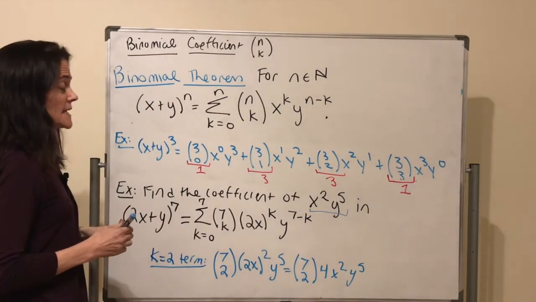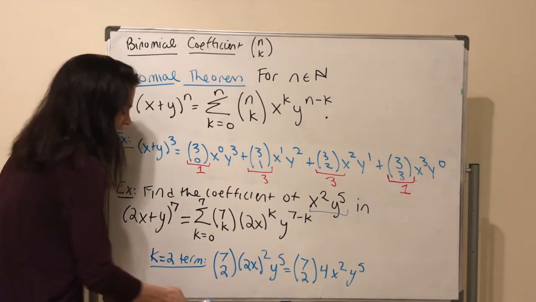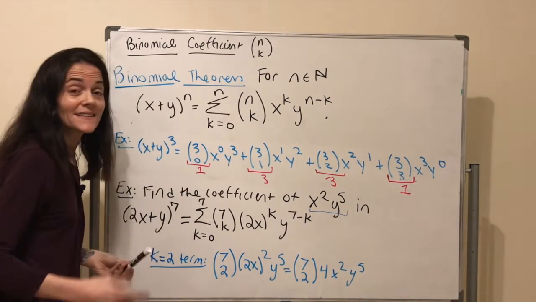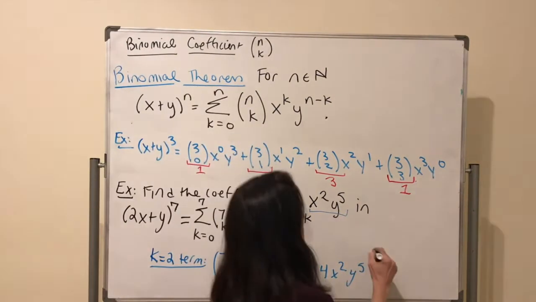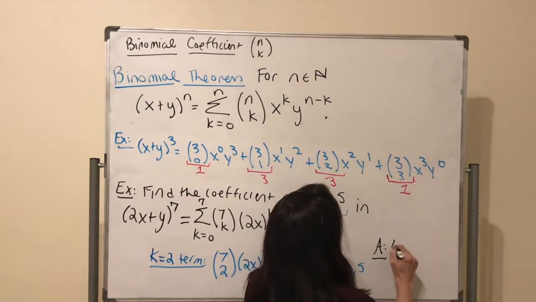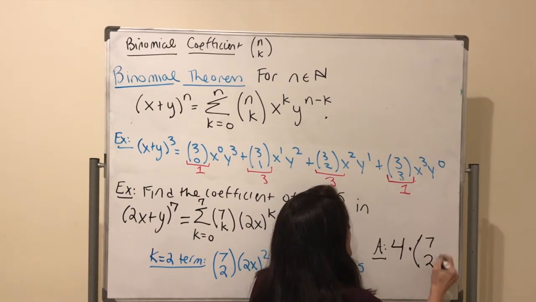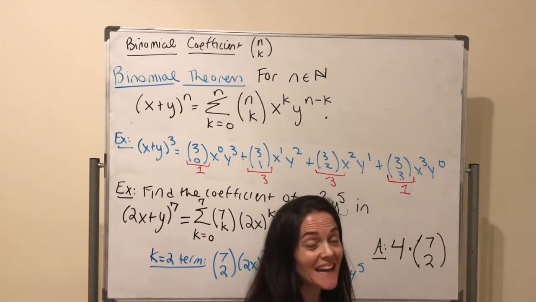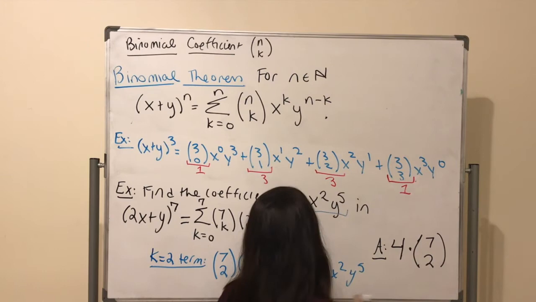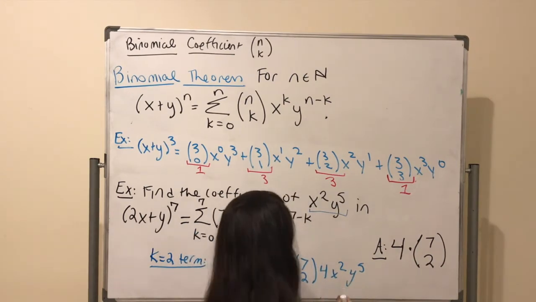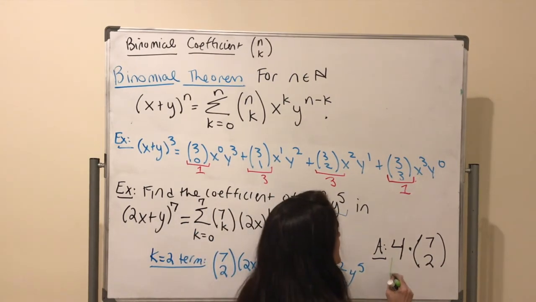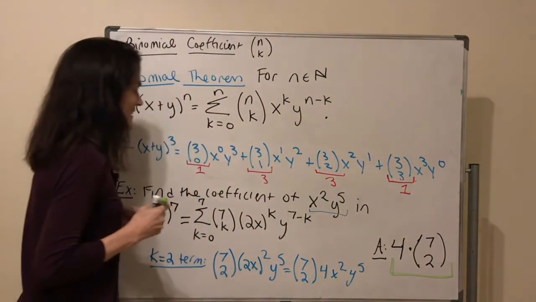And now we see what the coefficient is. It is 4 times 7 choose 2. So the answer is 4 times 7 choose 2. And I will leave it like this for now because we don't have a general formula yet for these binomial coefficients. So I'm going to leave my answer with the binomial coefficient in it.